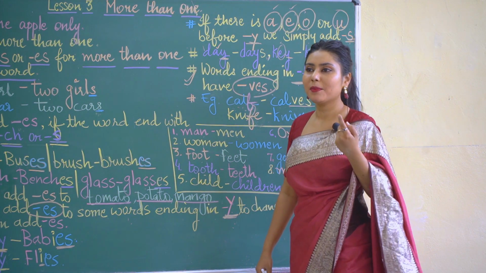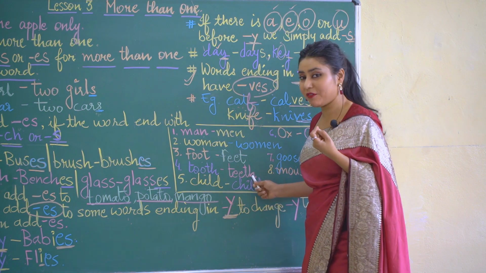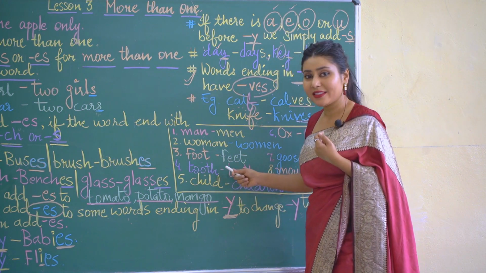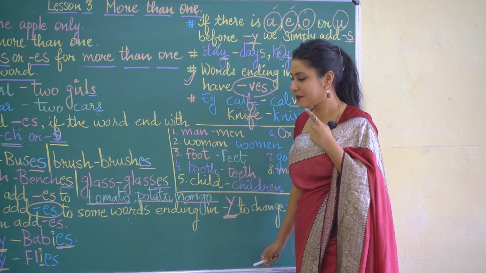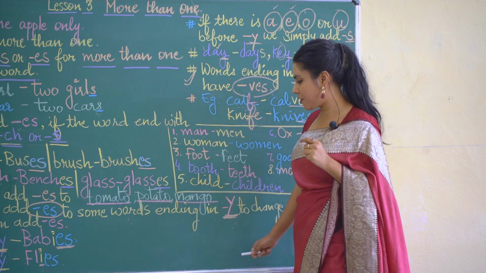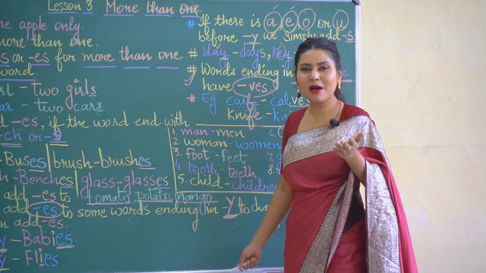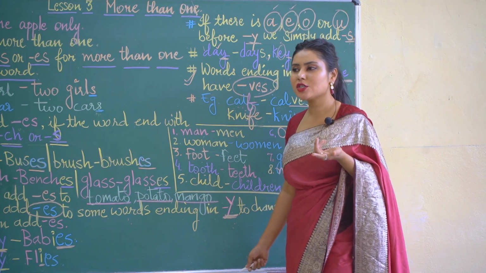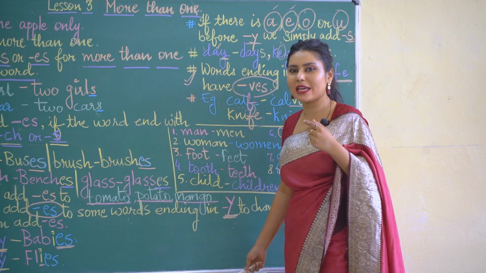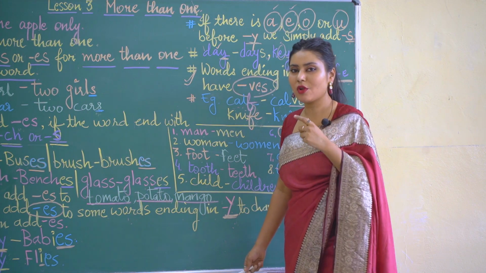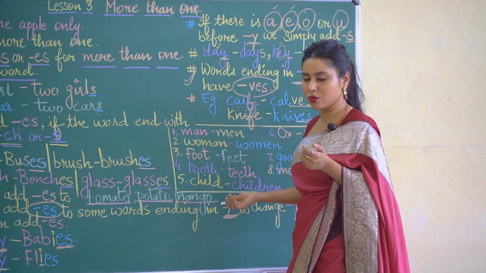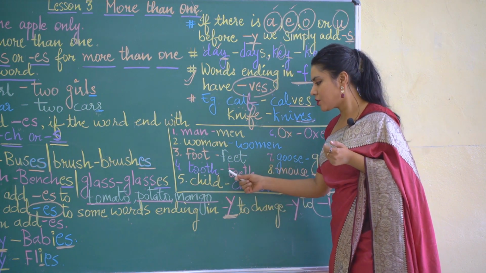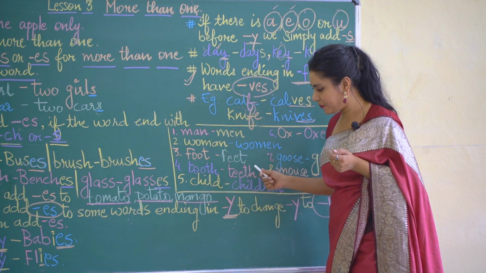No, because teeth is plural. If it's more than one tooth, then you'll call it teeth. But if it's one, then you'll call it tooth. You must have heard about the tooth fairy also. She's a tooth fairy because she comes to take your one tooth, not many teeth, right? And you cannot write tooths. It's a wrong word. So tooth will have teeth.